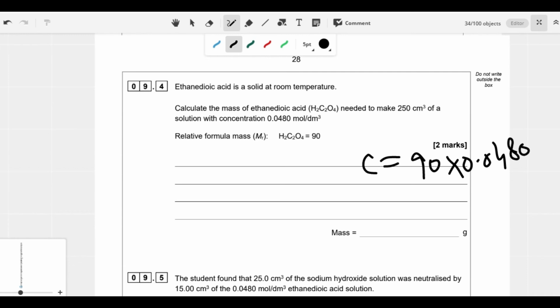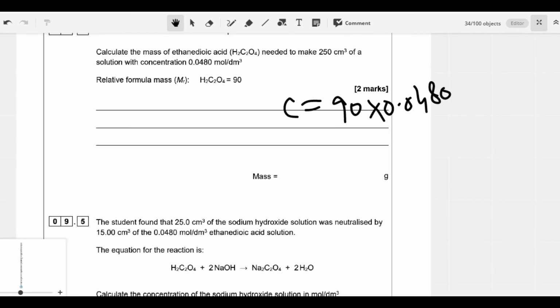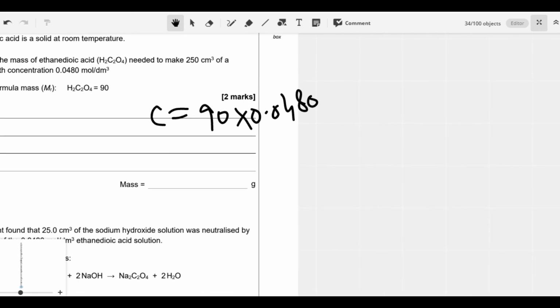Or in another way, you need to find the moles first. First of all I'm going to tell you this method and then we will solve the other one. Here you can get the concentration, which is equal to 4.32.